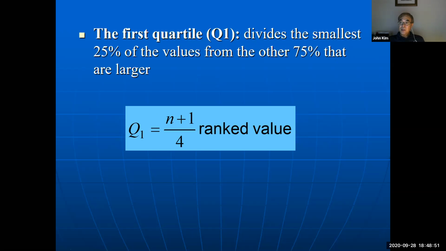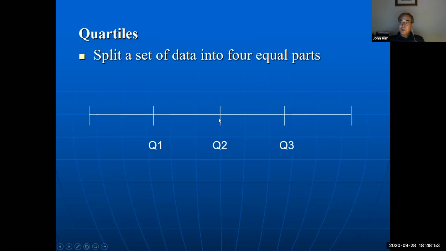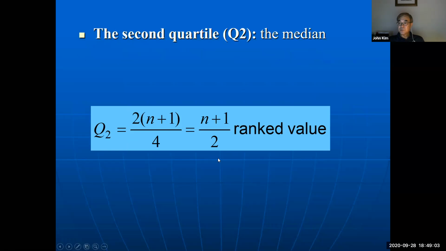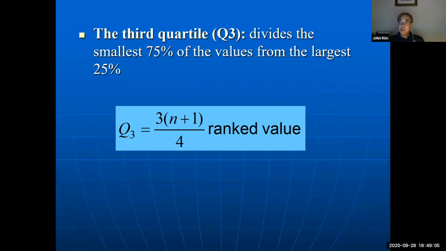The median is the boundary where 50% are smaller and 50% are larger. And the third quartile: 75% are smaller and 25% are larger than that boundary.